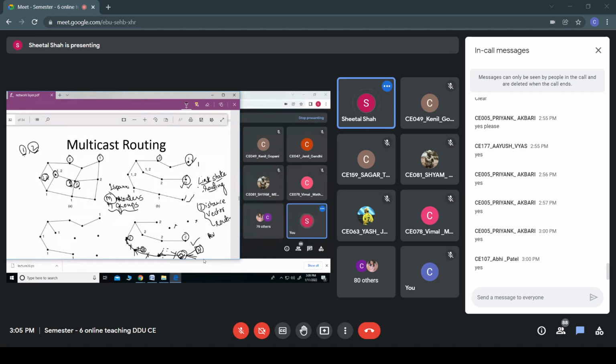Are you getting it? If there are m routers and all of them should know the spanning tree of each other, so mn number of routing information entries would be there for these groups. Okay, so the size of the table would be too large.